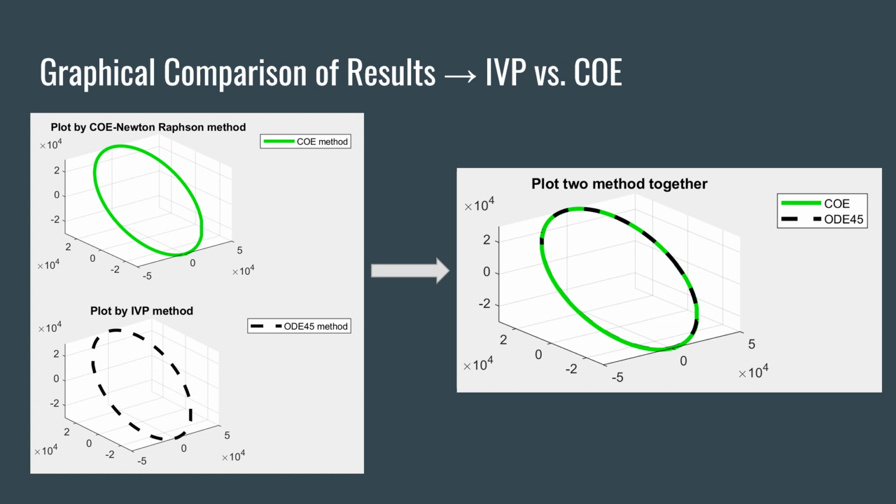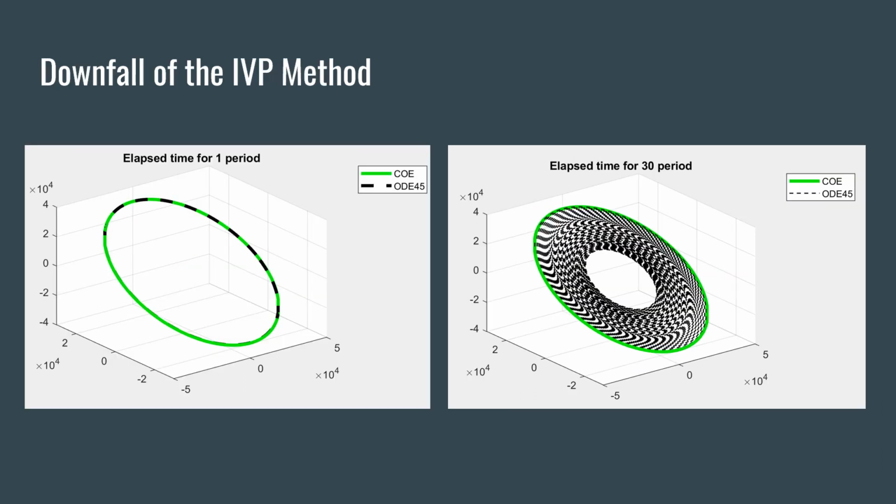And because we want to test these methods with more realistic situations, we also want to compare the two methods over an increased period. This leads us to the graph on the right, which shows much different results than previously shown. The two methods are the exact same, but in this situation, we have increased our period to 30 times what we originally plotted.